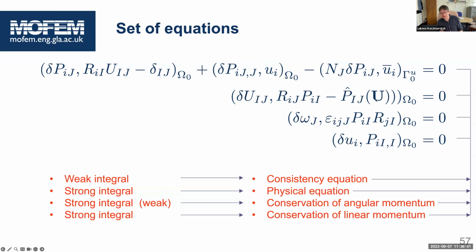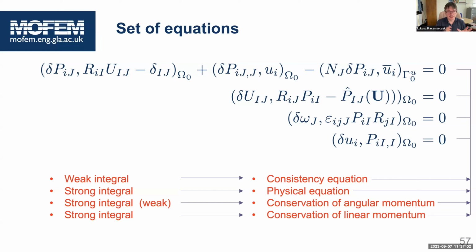On top of that, when I push my Piola-Kirchhoff stress to the current configuration, I will require that my Cauchy stress is symmetric. Because when the Cauchy stress is symmetric, it means that I conserve angular momentum.